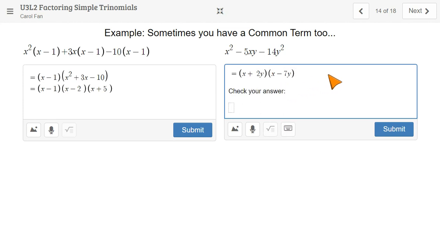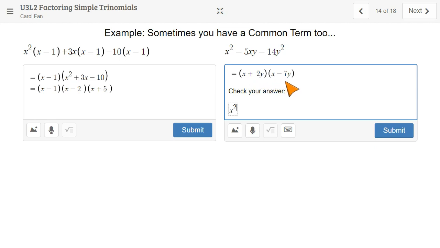Let's check the answer just to show that this works out. Now, when I expand, I would have x squared, then x times negative 7y, negative 7xy, y times x, that's positive 2xy. And once again, it's math convention for us always to write the number first, the coefficient, then we're writing the variables in alphabetical order.